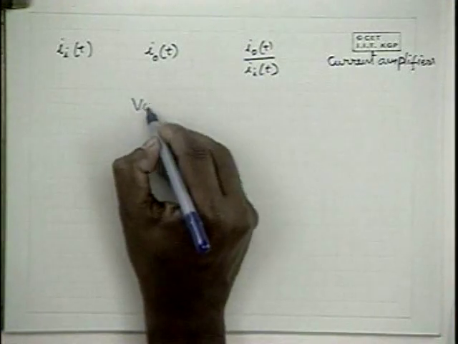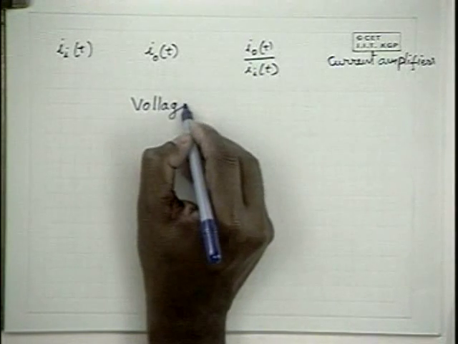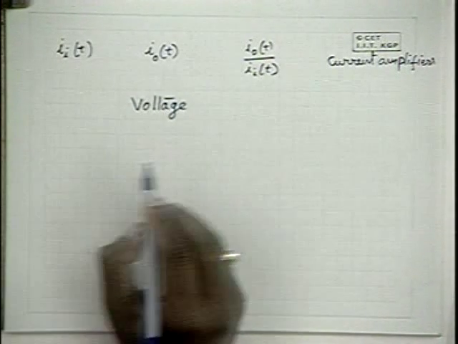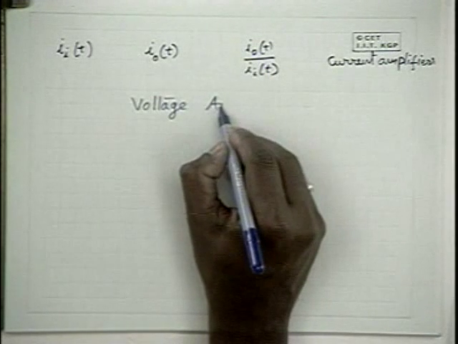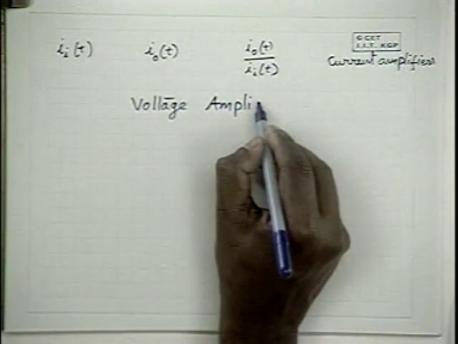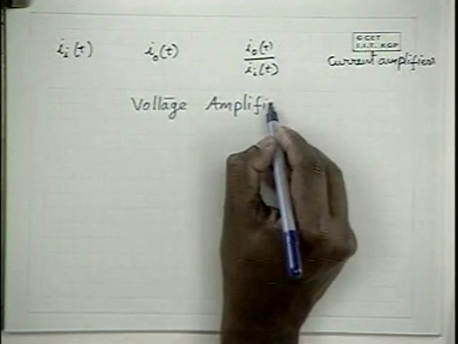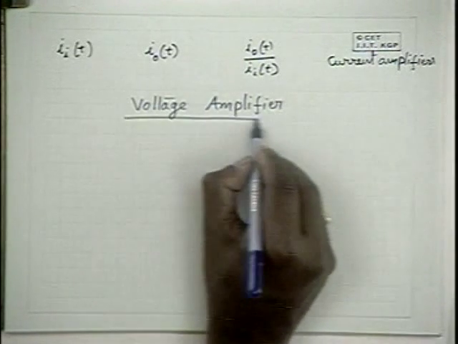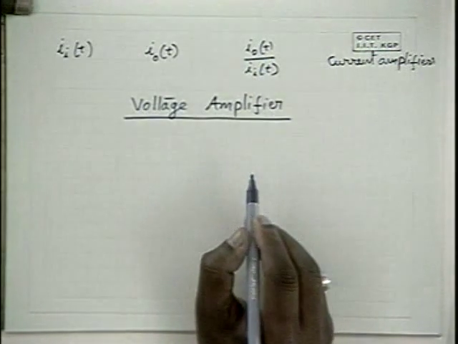Now let us take the case of a voltage amplifier and see what happens when you apply voltage sources and get an amplified output, and then when you use it to drive a load resistance.